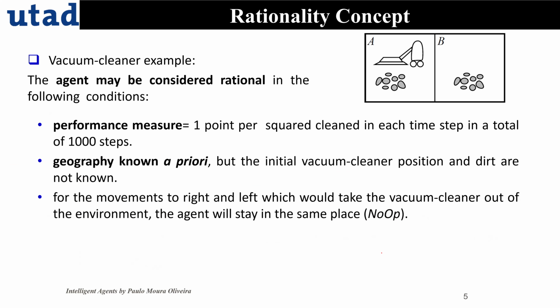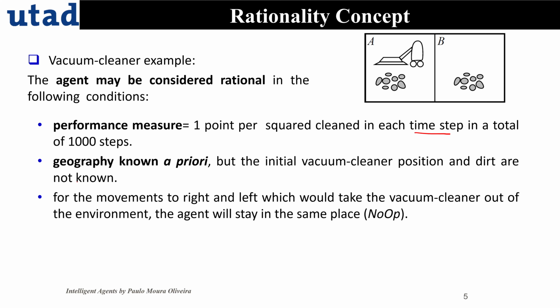Once more, in the vacuum cleaner example, we can use, for instance, the performance measure of 1 point corresponding to each of the squares cleaned in each time step, for a total of 1,000 steps.